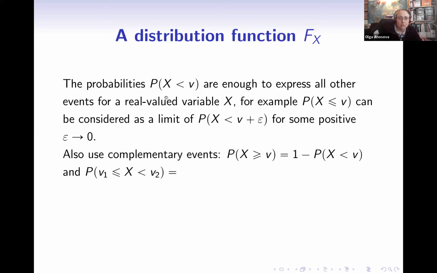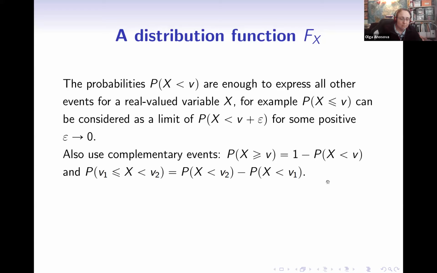So if we know this probability of being smaller than something, then the probability of being larger than something is obviously just 1 minus this probability, and that's trivial. And then the probability of getting in an interval, I hope we all understood that, is just the difference of probabilities.